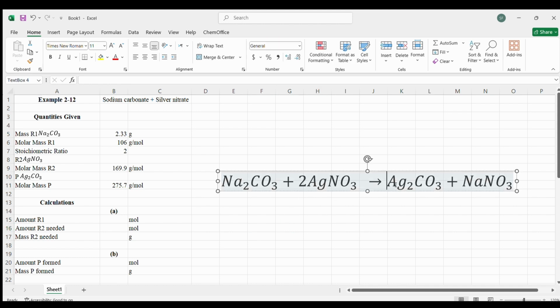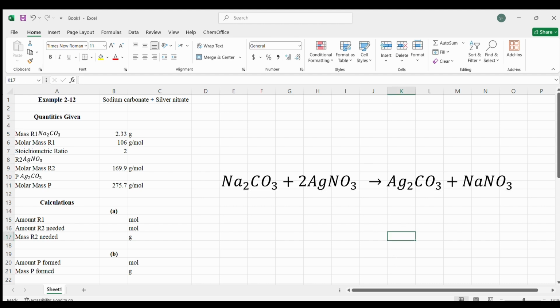And P stands for the product, which we are looking for. You may say that sodium nitrate is also a product, but be careful that in this problem, we are not looking for the amount of the sodium nitrate which is formed. So the only product for which we aim to calculate the amount is silver carbonate.